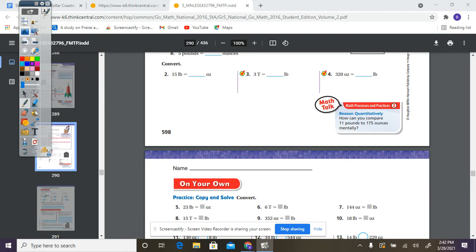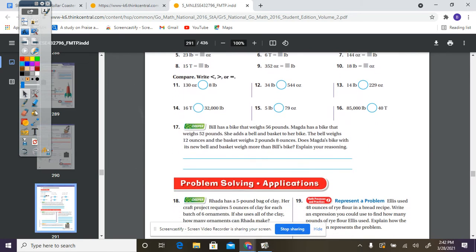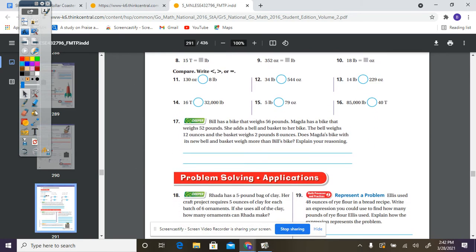Okay, let's move on down a little bit. We're just doing the same exact process we've been doing. We just have different units of measure. So let's look at ounces and 8 pounds, number 11. Which one's bigger? The pounds is bigger. So I personally like to choose that. How many ounces are in 1 pound? There are 16 ounces in 1 pound.